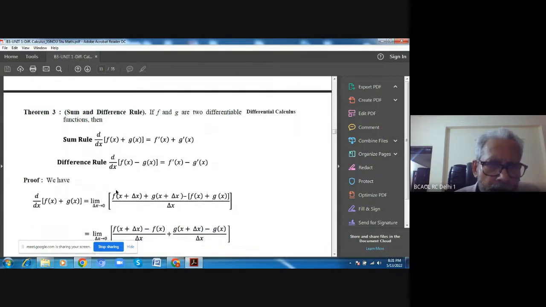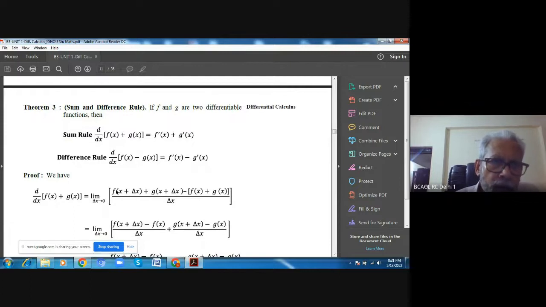Now the rules are like this. dy/dx is just the notation for the derivative, the differential. This is part of this function of x, and there is also another function. In that case, the rule is that you can split up the derivative of the function of f and the derivative of the function of g, also with respect to x.